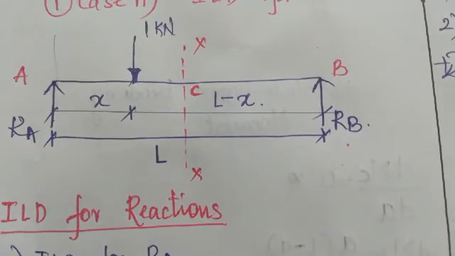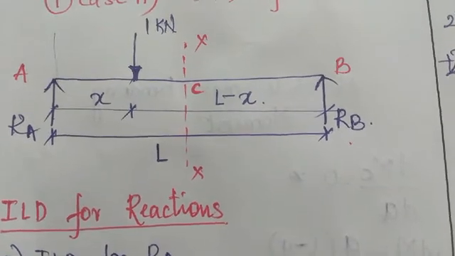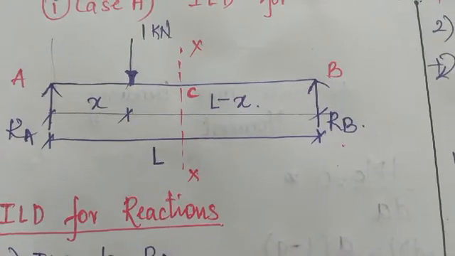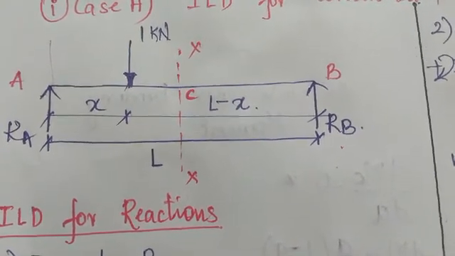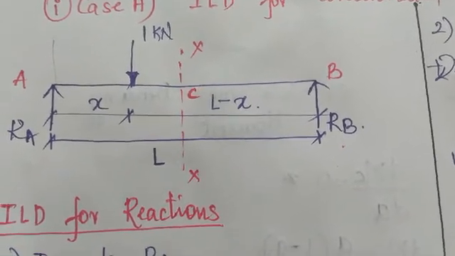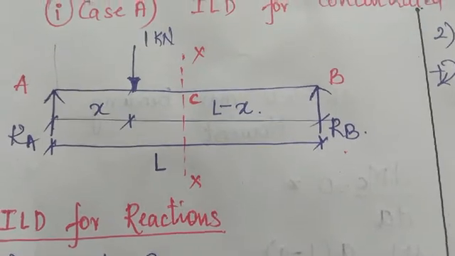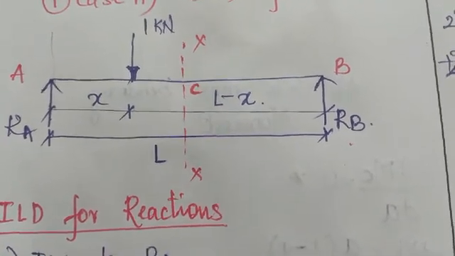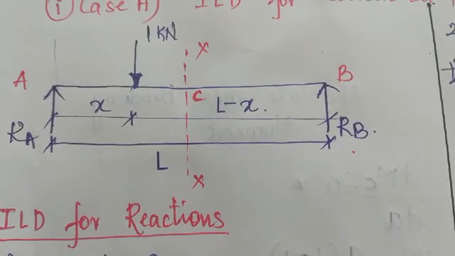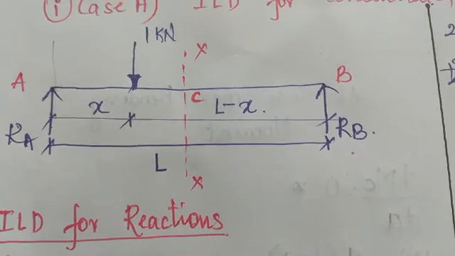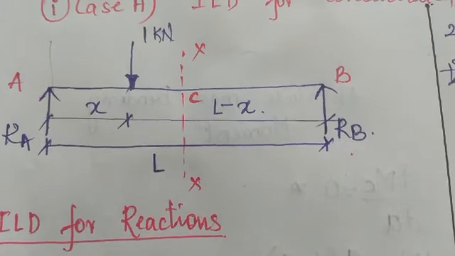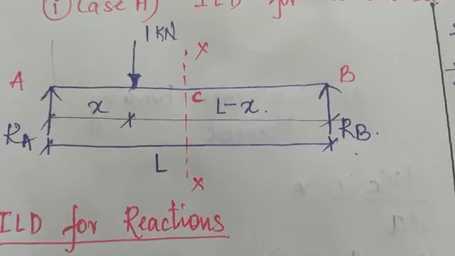For each and every influence line diagram you draw, we will be considering a unit load only, and then whatever might be the load in actual, we are going to multiply that load with its ordinate. So this is a unit load on the beam AB, placed at a distance x from support A. RA and RB are the reactions at A and B respectively. The span of the beam is L.